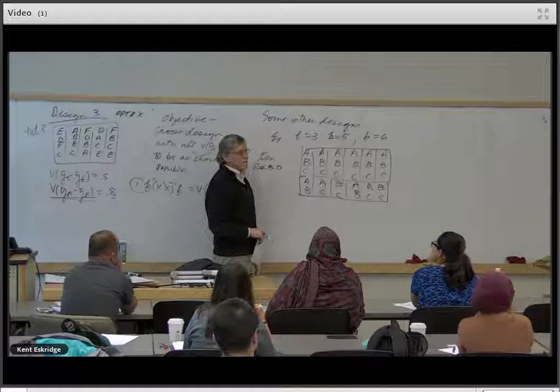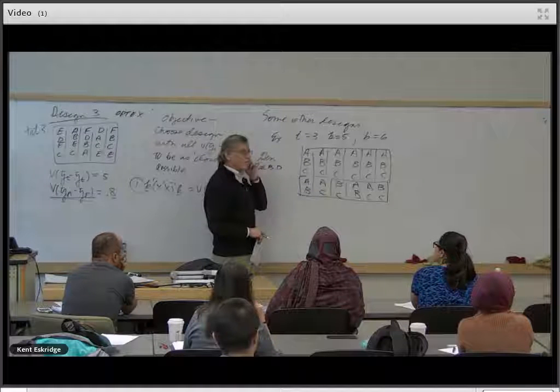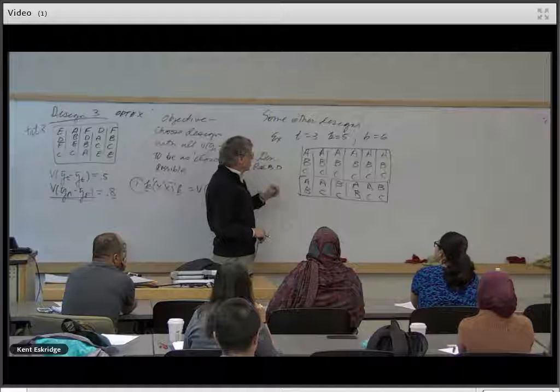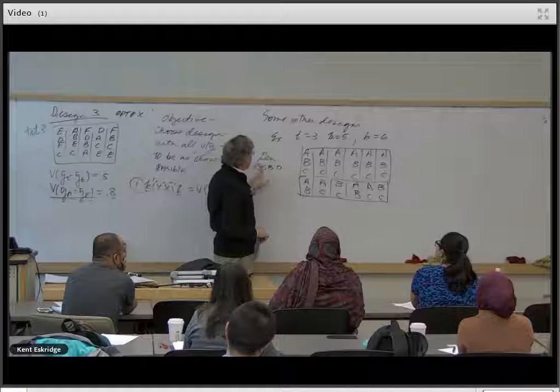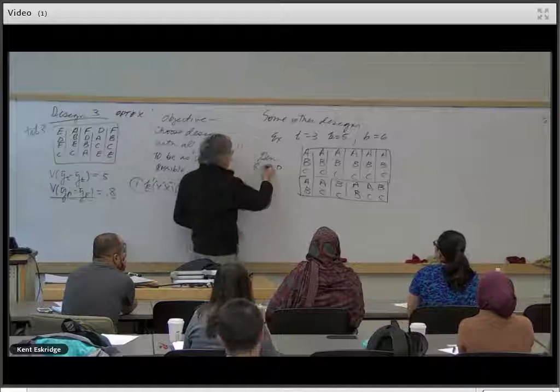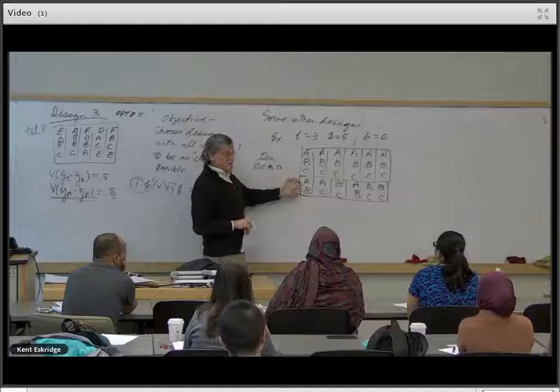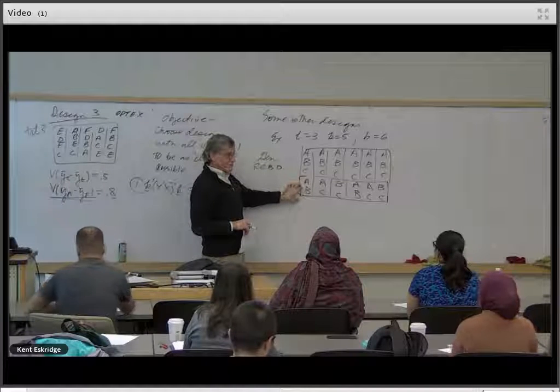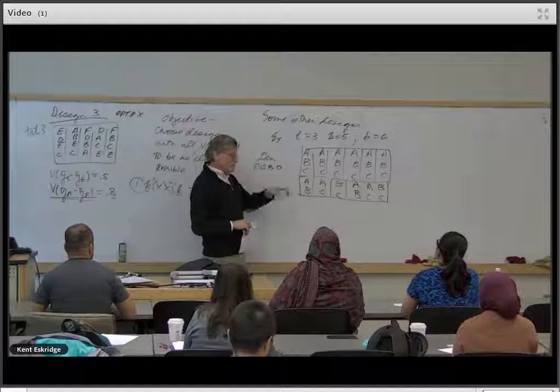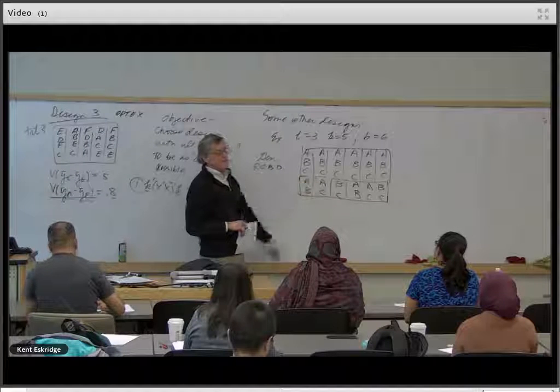But would you still call those 2 designs the same? They're both generalized randomized complete block designs. But this is a special generalized, kind of a perfect generalized randomized complete block design. It's perfect in the sense I'm balancing it as best I can.